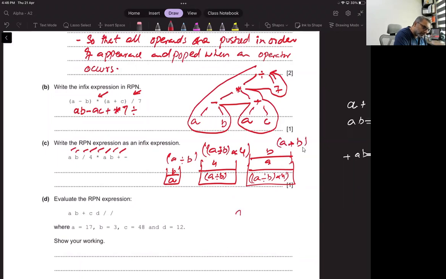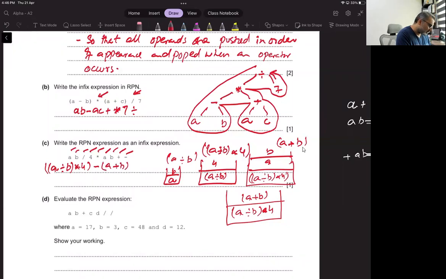So this will become A divided by B multiply 4, then A plus B. Then we have minus. So this will be A divided by B multiply 4 minus A plus B. That is how it works.